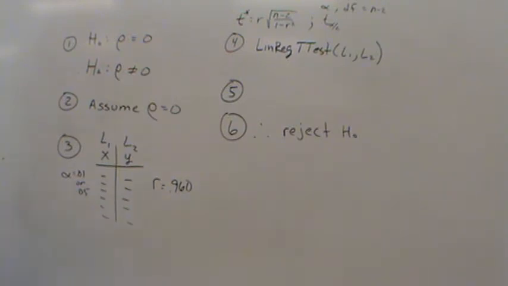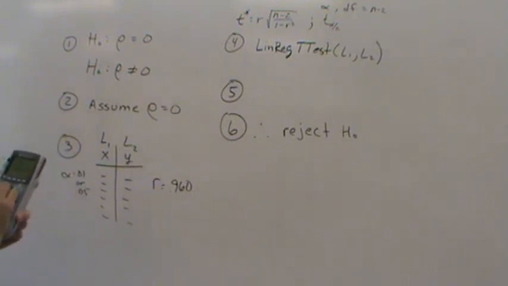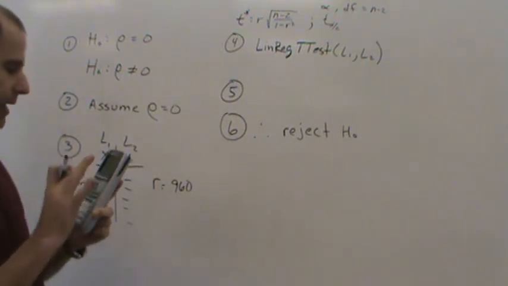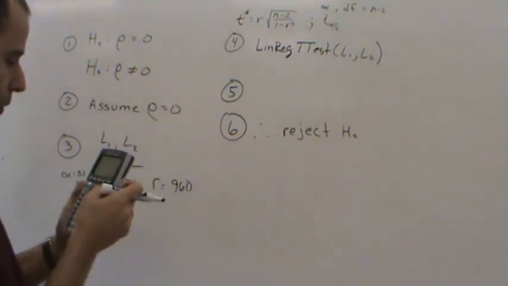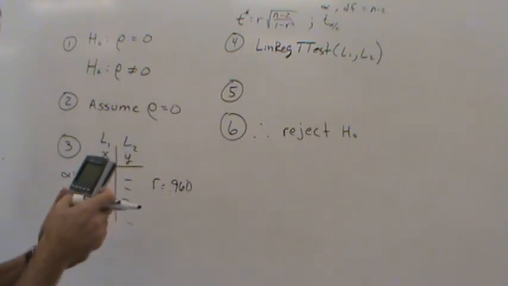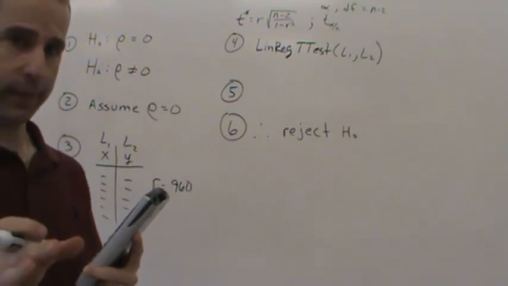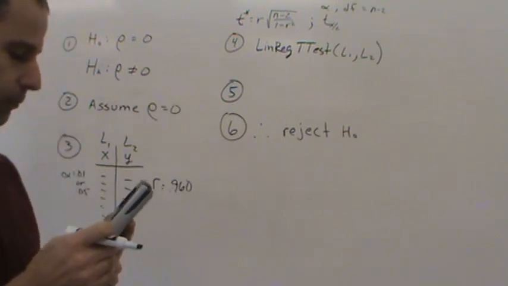Now it asks me for my X list, that's L1, already in there. Y list, which is L2, already in there. I'm going to skip frequency, we don't play with that. The next thing is rho. It says beta and rho. Don't worry about that right now. That is going to be your alternative hypothesis. We're saying rho is not equal to, so we select not equal to. The regression equation, we're going to talk about a little later.